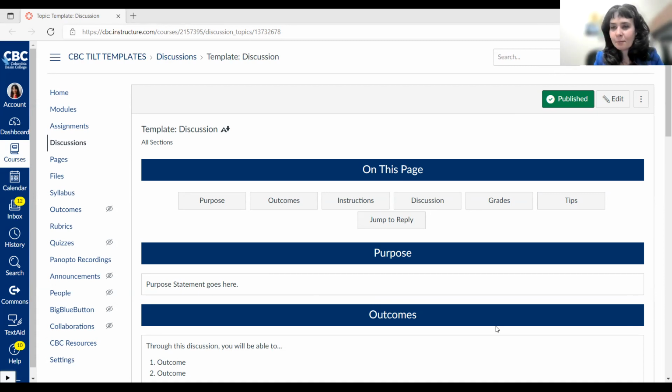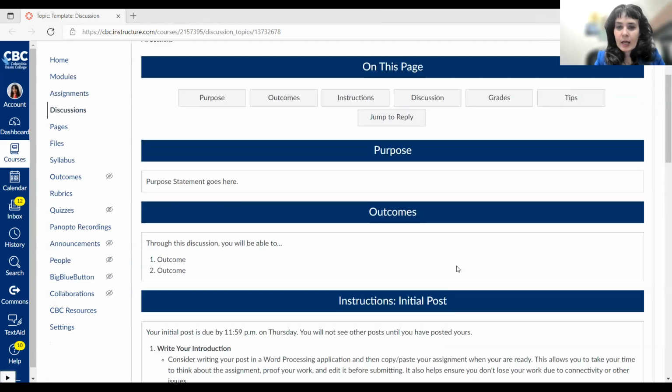Okay, back to templates. This one is for discussion board activities. Here you have this section, purpose. The second one is outcomes. It's very important to tell your students what the purpose of any assignment is, including discussion board activities.